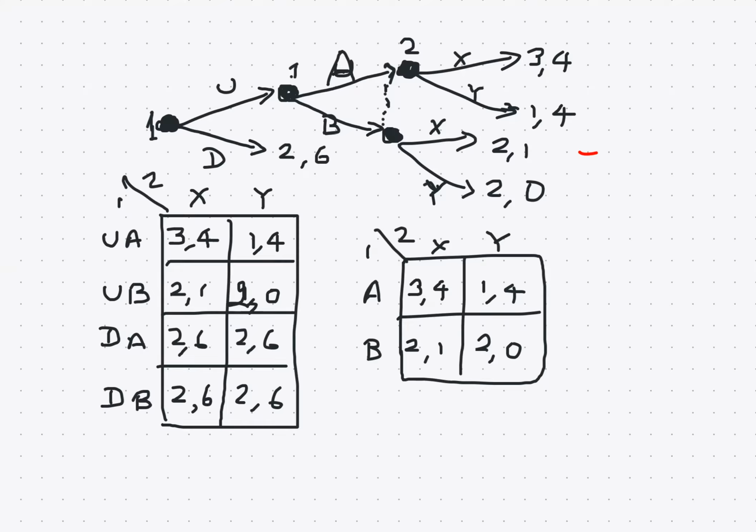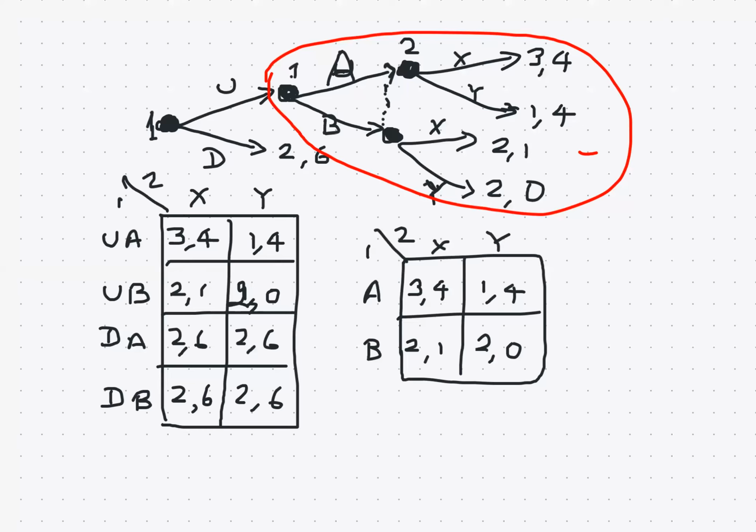So this is a proper subgame, and then the whole game is itself a subgame. So there are two subgames here, right? But one is proper, that starts at the node that follows strategy U for player 1.